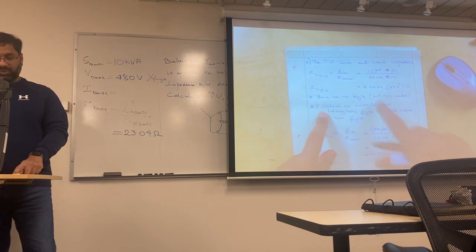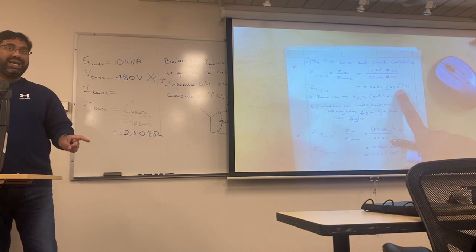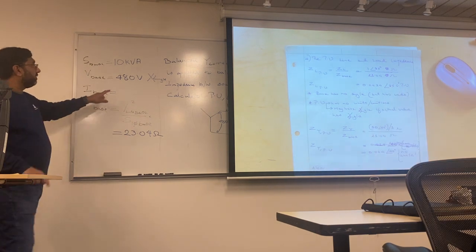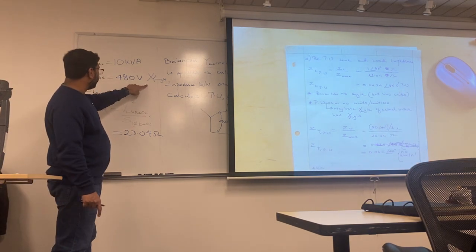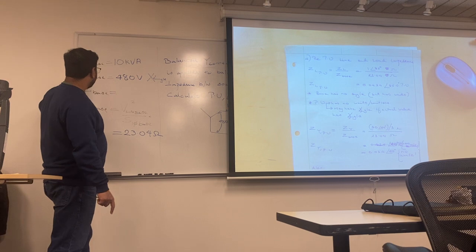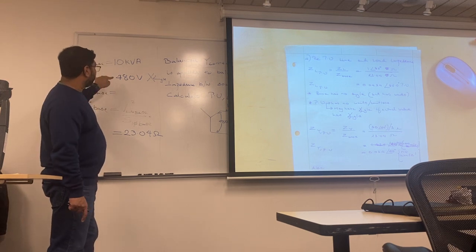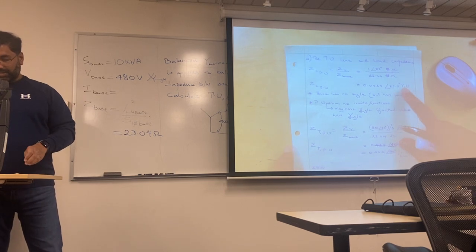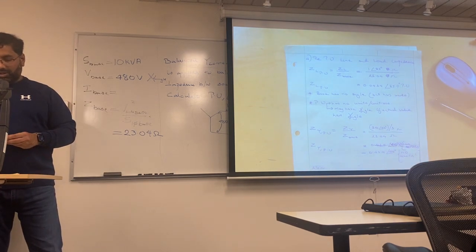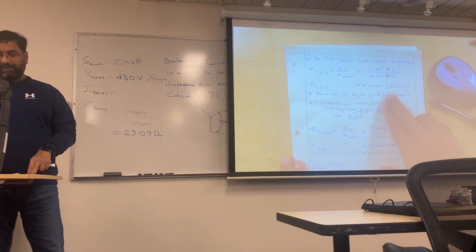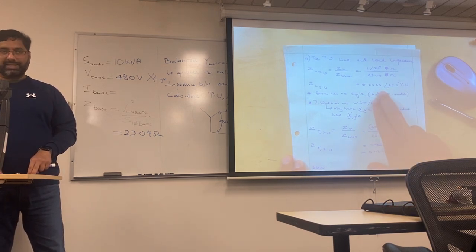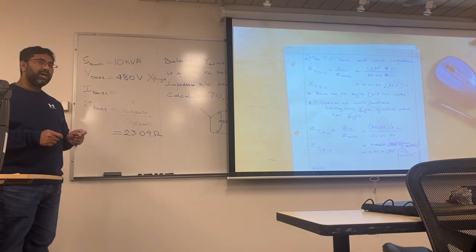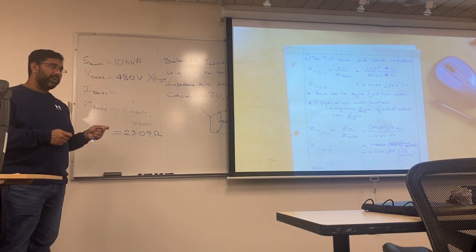Keep in mind, per units will have the angle. Base values do not have an angle. Never put an angle to your base. Whatever is your base, it has to be just a real number. But when you come to your per unit, they will have an angle. So all that I'm saying is, you want to give enough info in a per unit that someone who actually wants to come up with the real number can just multiply and get it back.